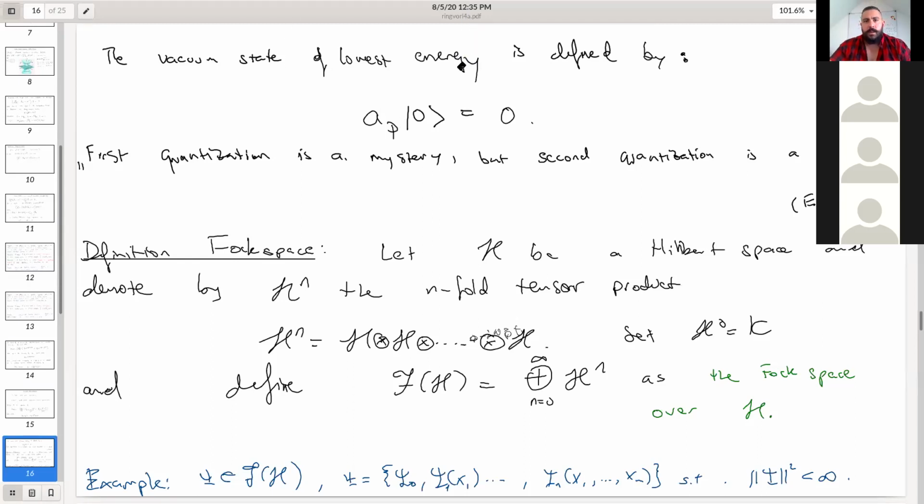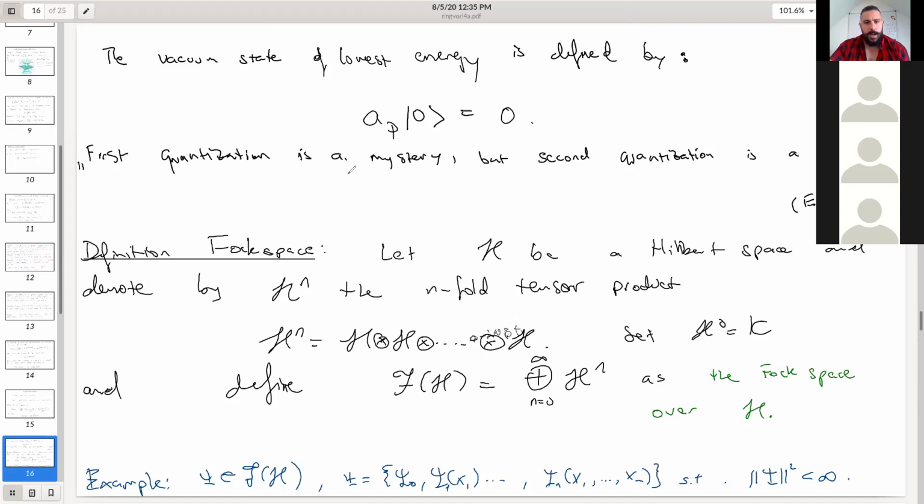And the vacuum state of the lowest energy is defined by a_p acting on |0> equals 0. This annihilation operator applied on this vector |0> gives you 0. And that's why they call it the annihilation operator, and the creation operator.